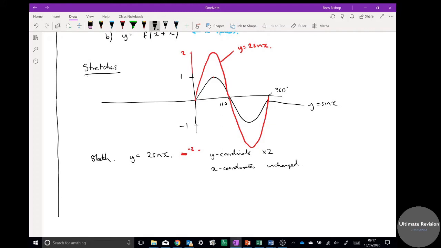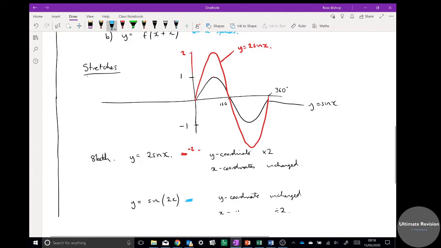Now if we look at the other example, you might get sin 2x. So how would we sketch that one? I'm going to do that one in blue. Well, this one, all the x coordinates are going to halve. The y coordinates are unchanged. X coordinates, you're going to divide by 2 because you're timesing it by 2 there. You need to divide by 2 to counteract that.